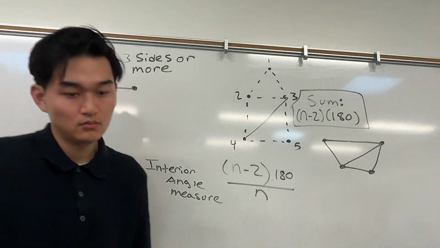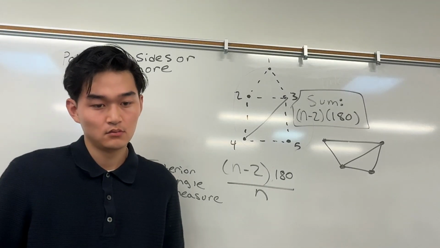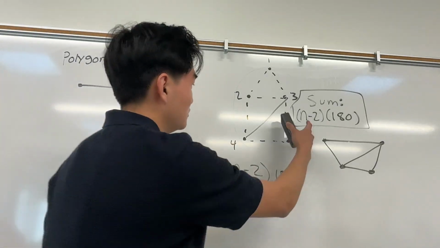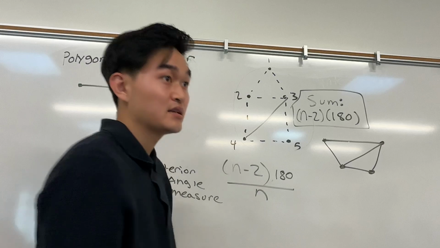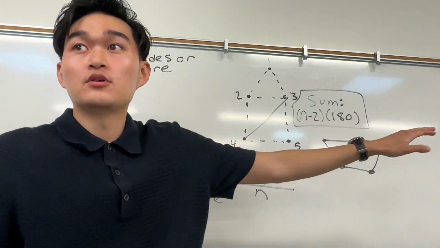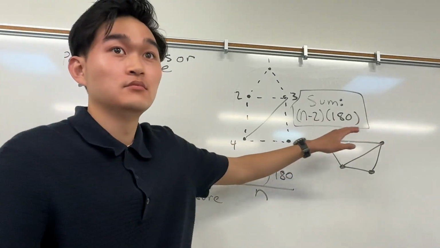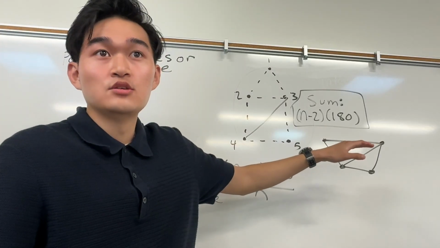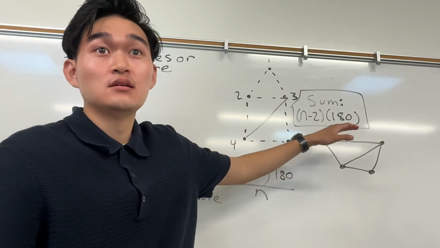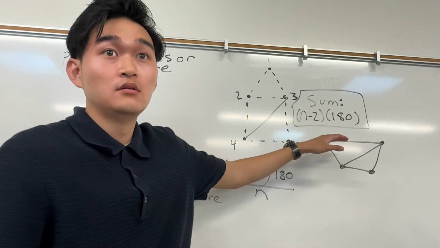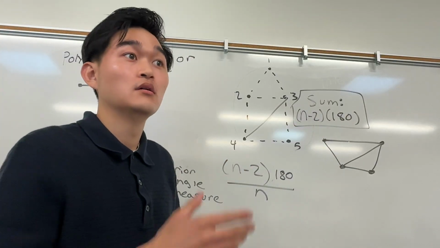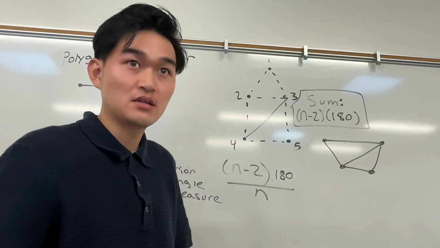Let's try to do number 1. Using this equation, it can either ask you for the number of sides or the total sum. You have to use this for both cases. If you're asked to find the sum, you need to have the number of sides.